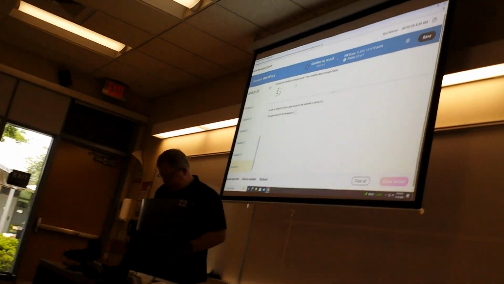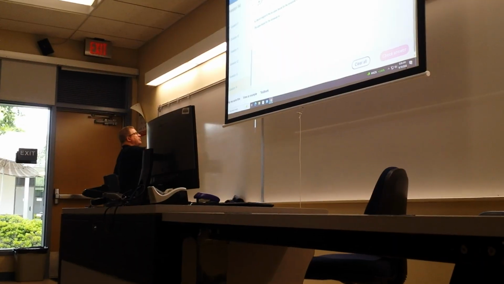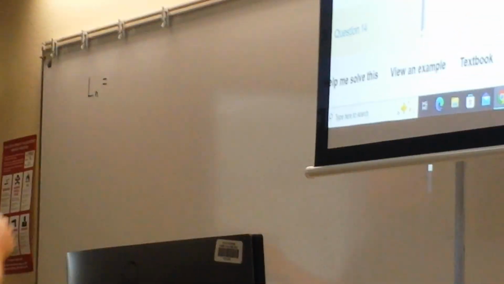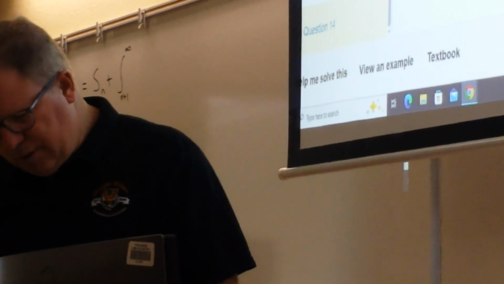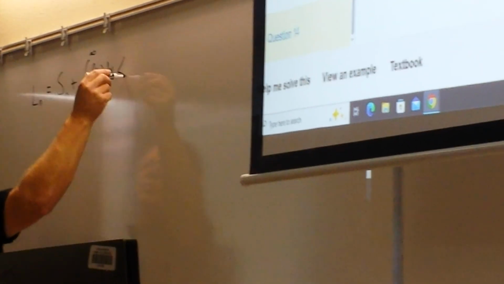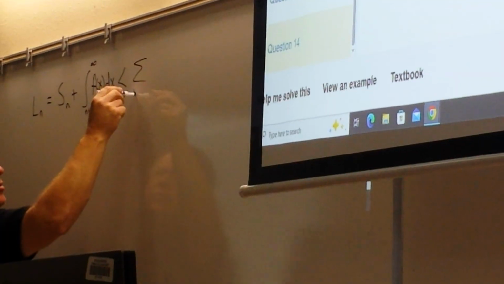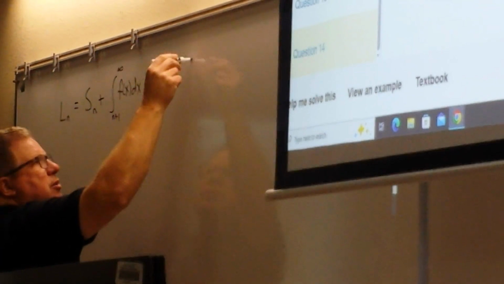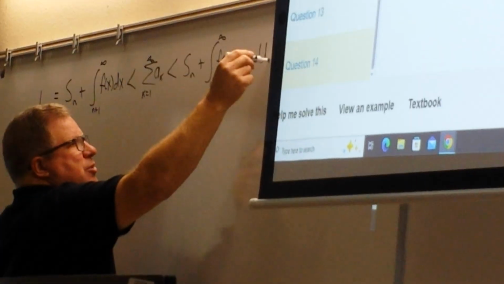So, we have this. The lower bound, L sub n, equals S sub n plus the integral from n plus 1 to infinity of f of x dx, less than the sum of a sub k, which is less than S of n plus, now this integral starts at n, which is U sub n.